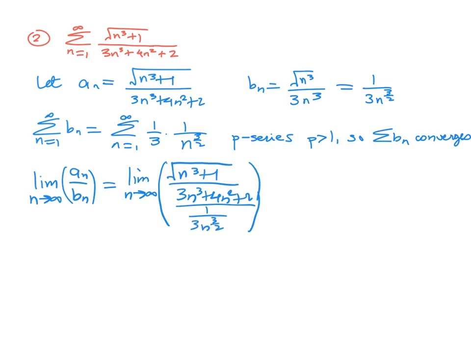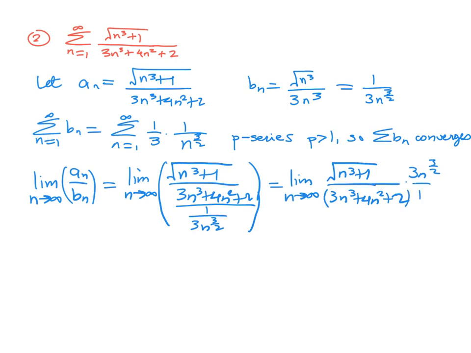And of course I'm going to do the thing where I take the denominator and flip it and make a multiplication problem. So it's really the limit as n approaches infinity of the square root of n cubed plus 1 over 3n cubed plus 4n squared plus 2, times 3n to the 3 halves over 1.